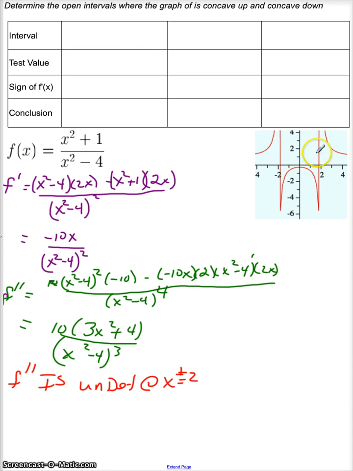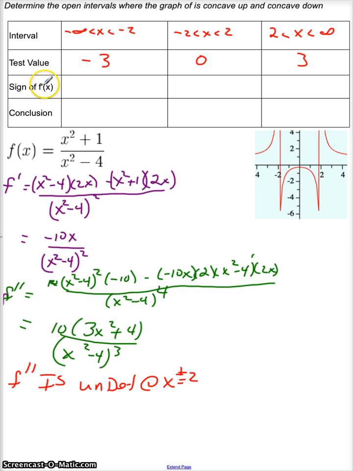So let's break it up into those intervals. Interval from minus infinity to -2, from -2 to 2, and from 2 on to infinity. You can pick any test value you want. Let's do 3, -3, and I always love 0.